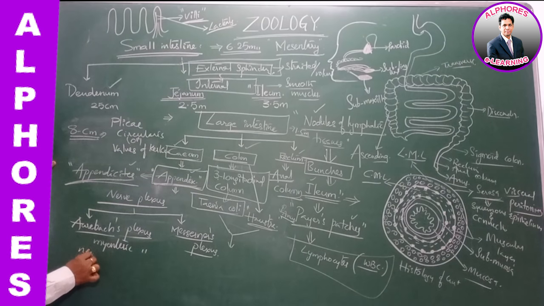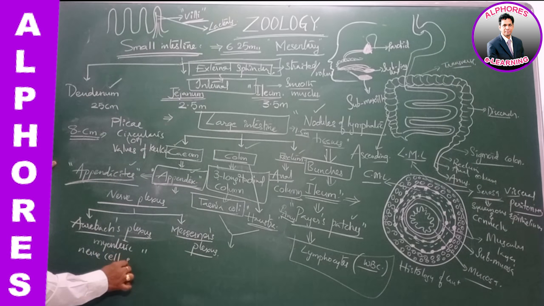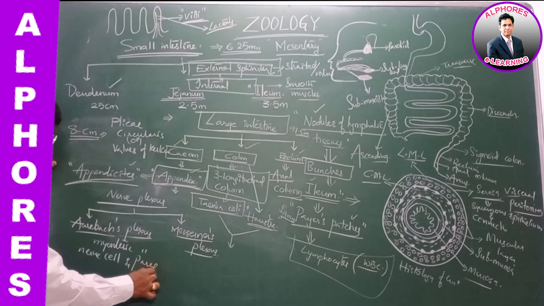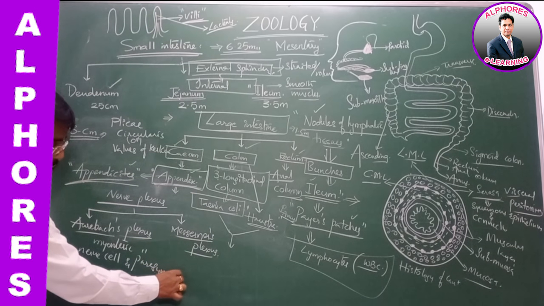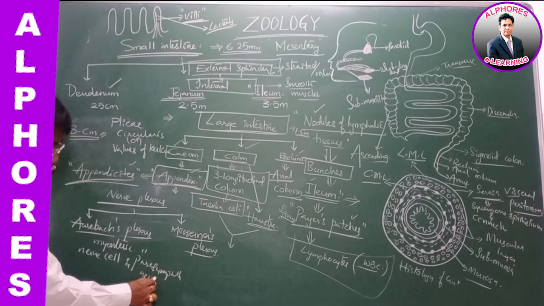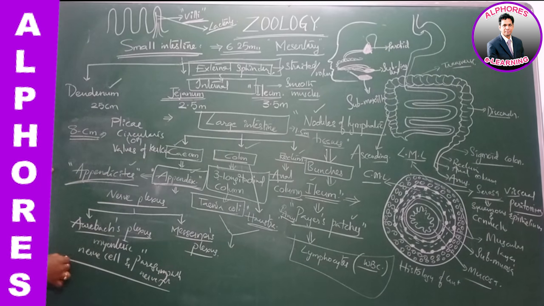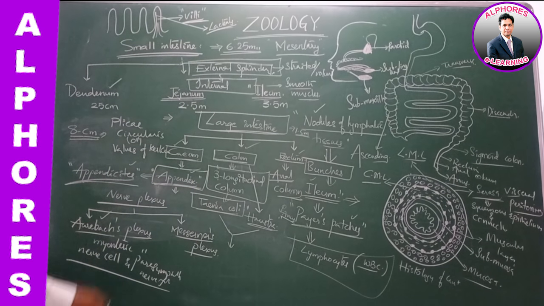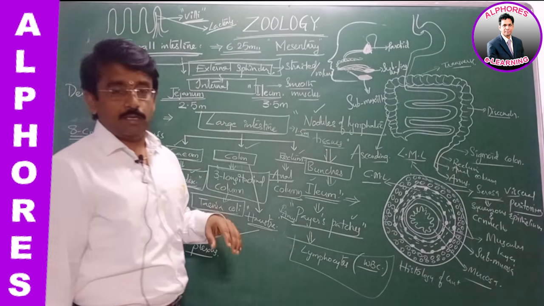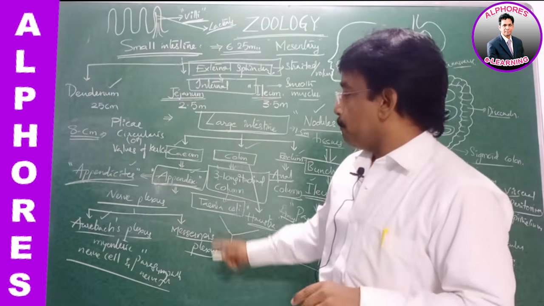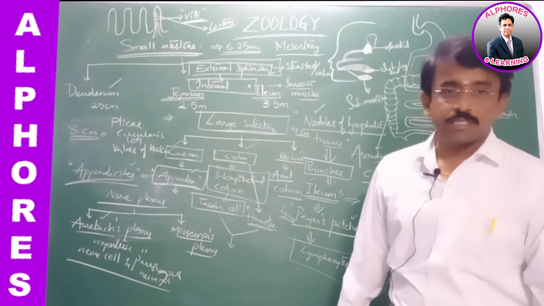The nerve cells and parasympathetic nerve fibers form a network which is named Auerbach's plexus or myenteric plexus.